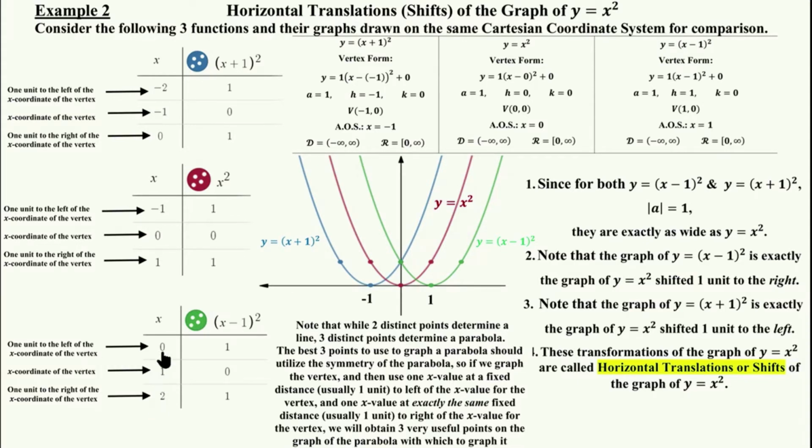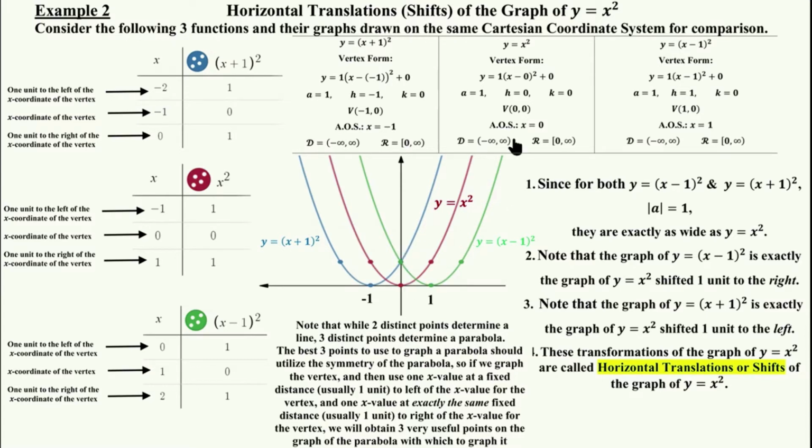So 1 unit to the left of 1 is going to be 0. 1 unit to the right of 1 is going to be 2. So we calculate those, and here we get these 3 points that are going to help us graph this function given here in green, which is the right shifted parabola.